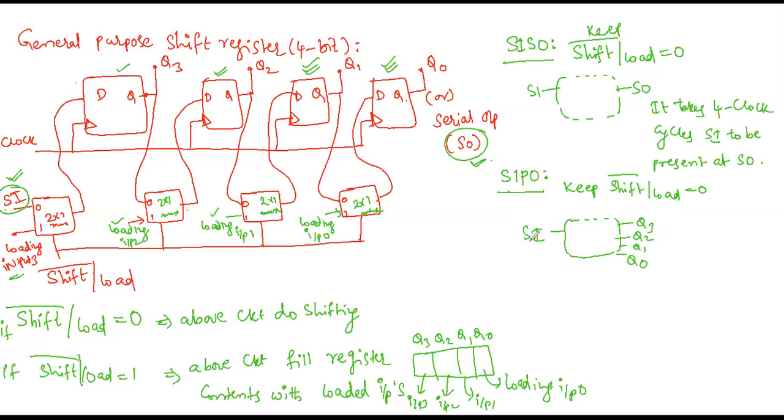For each clock pulse, you will apply one serial input. And after 4 clock cycles, whatever values you have given at the serial input will be present at the outputs Q3, Q2, Q1, Q0.